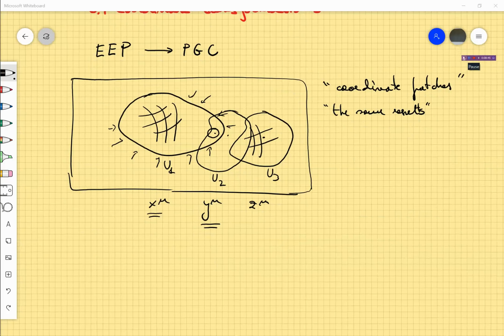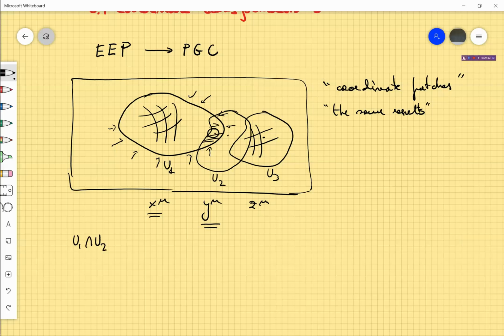So, if we are in this situation that the coordinate patches U1 and U2 overlap, what do we mean by saying that in the intersection of U1 and U2 we can change from the coordinates of the patch U1, which are these x^μ's, to the coordinates of the other patch, which are y^μ's?